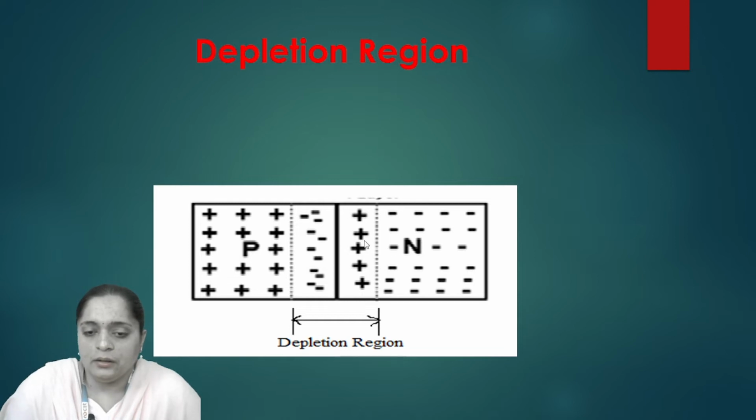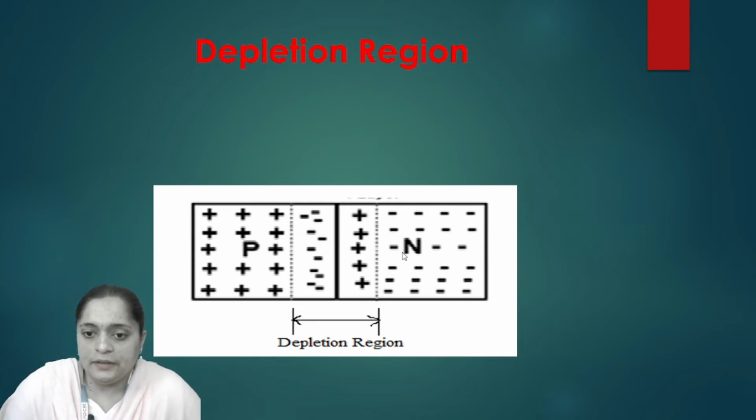This is a basic concept, but near the junction there are negative ions as well.